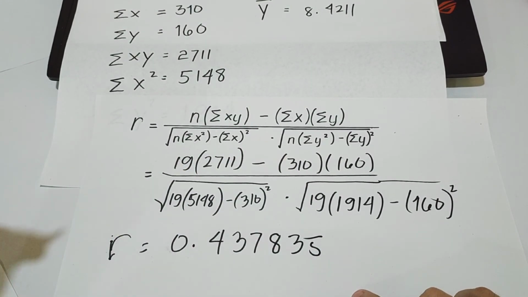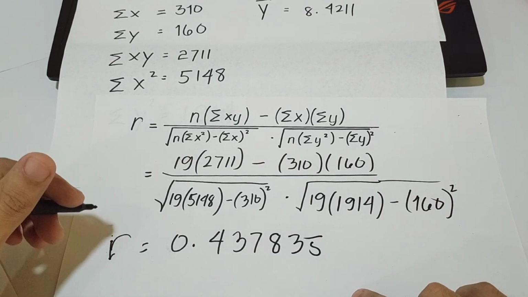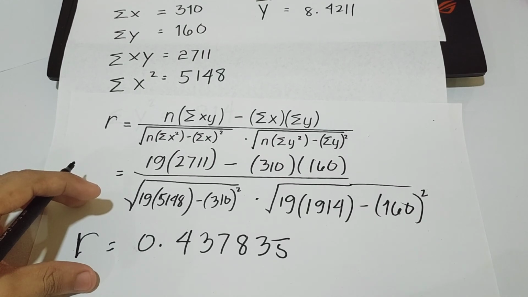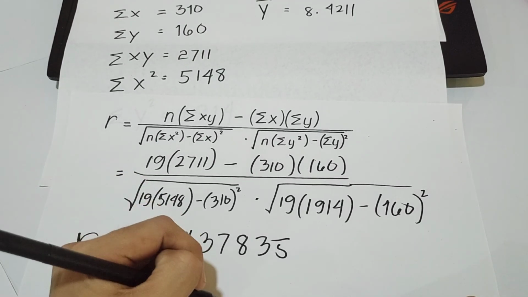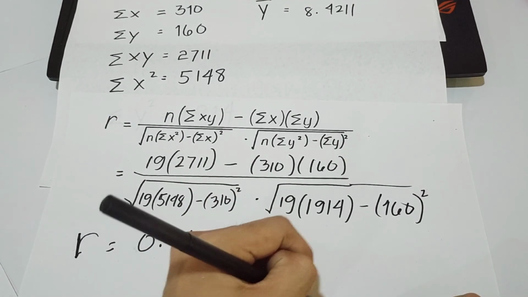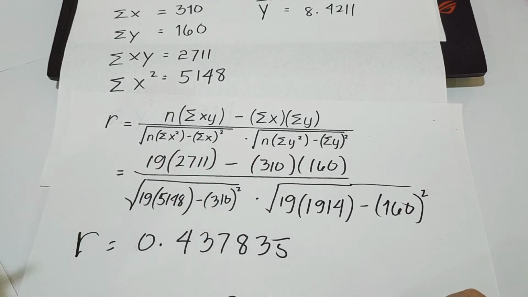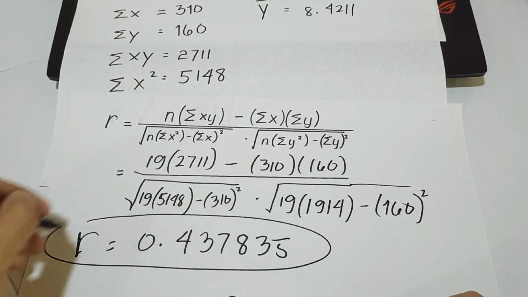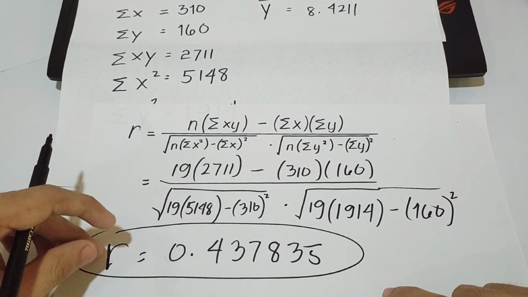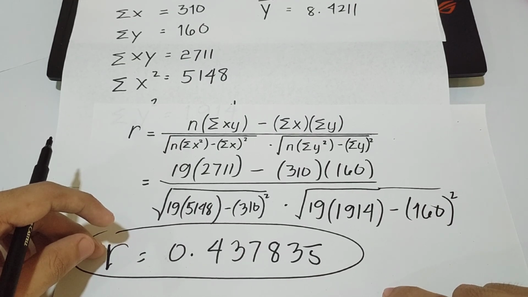So our value of r falls in the range of r is 0.50. So here we have the linear regression coefficient r, which is equal to 0.437835.